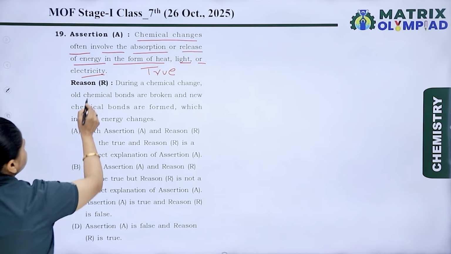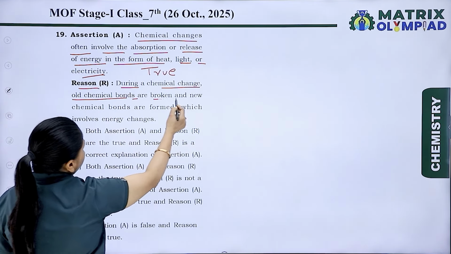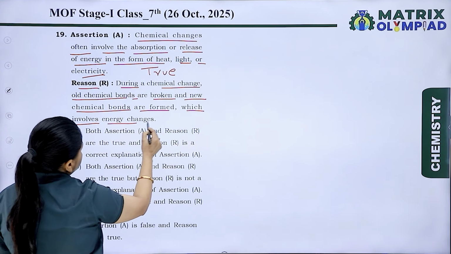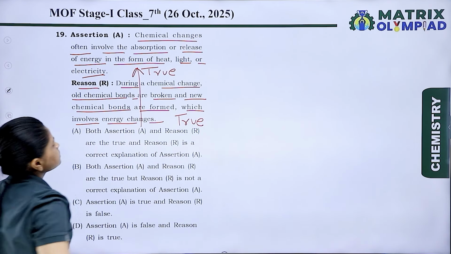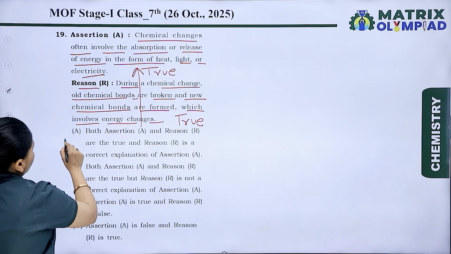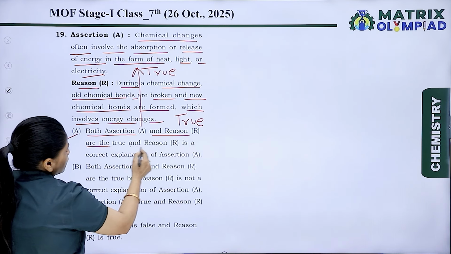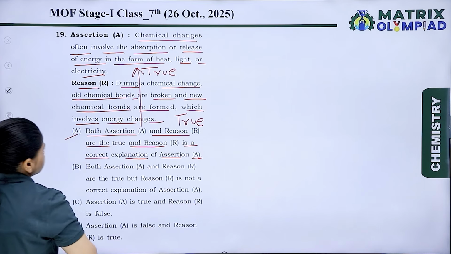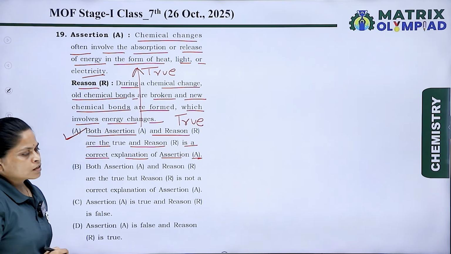Reason: during a chemical change, old chemical bonds are broken and new chemical bonds are formed, which involves energy changes. Yes, this is again true and correctly explains the assertion. So option A, both assertion A and reason R are true, and reason R is a correct explanation of assertion A. Yes, this is the perfectly correct option for the question.